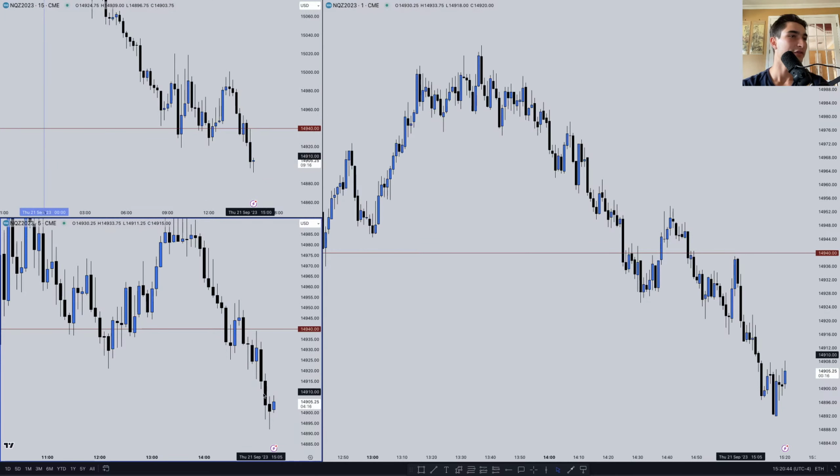So breaking down here on the 5 minute chart, 5 minute fair value gap, market poking up into that. How we trade there will be influential. If we're going to keep delivering lower, then we should reject from this level.